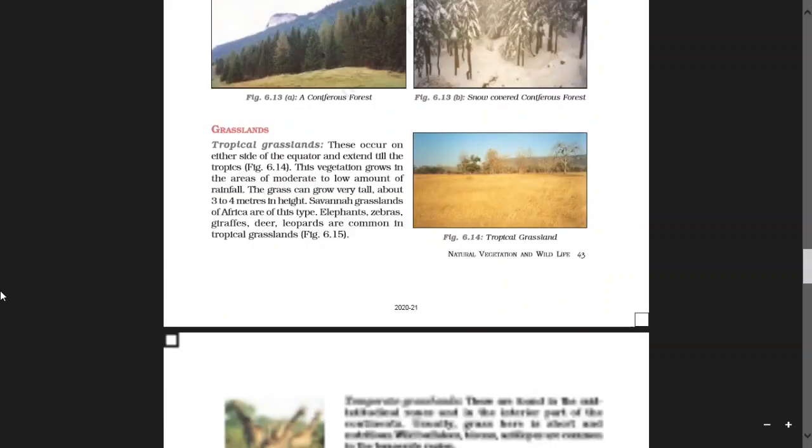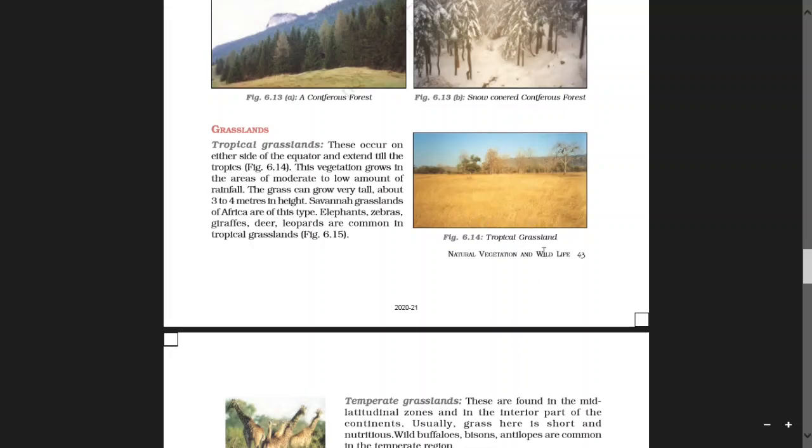Now let us see grasslands. Tropical grasslands occur on either side of the equator and extend till the tropics. See figure 6.14.